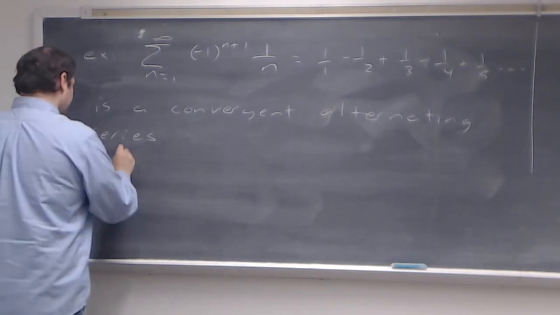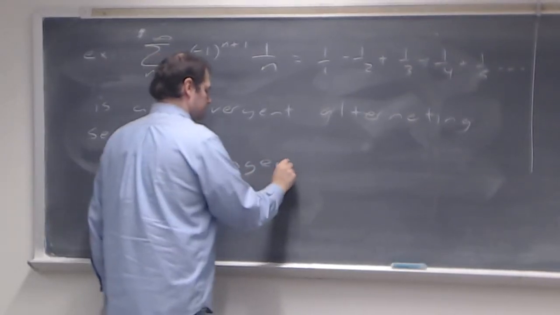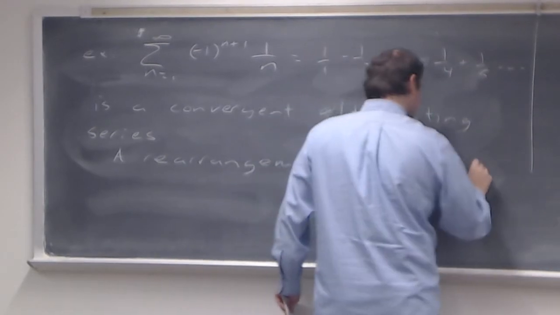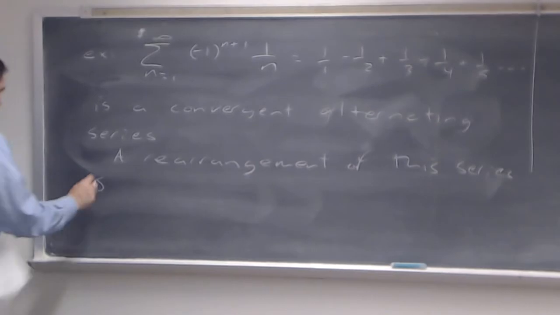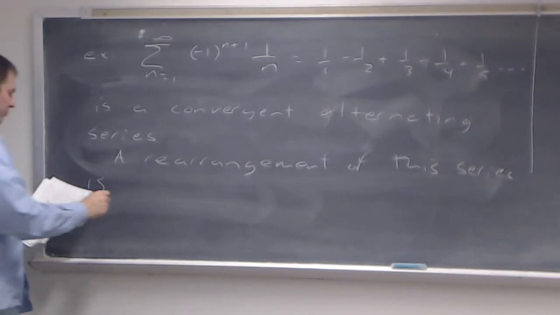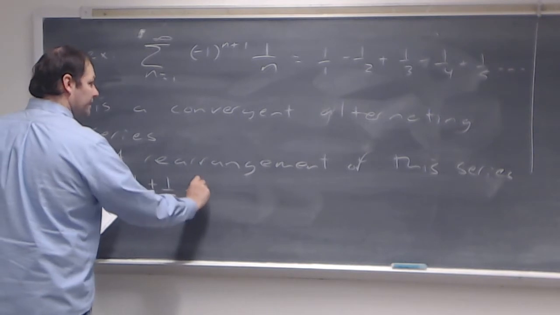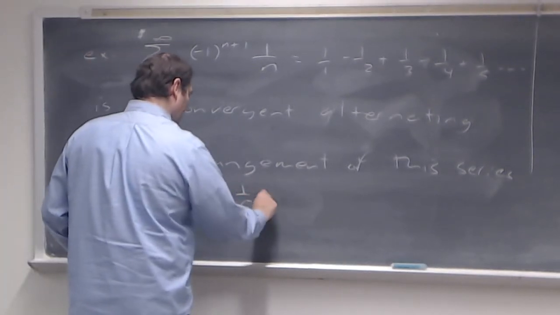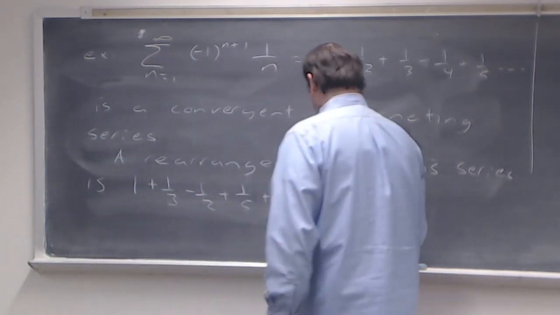A rearrangement of the series is, so I'm going to rewrite it as 1 plus 1/3 minus 1/2 plus 1/5 plus 1/7. Then I'll have minus 1/4.